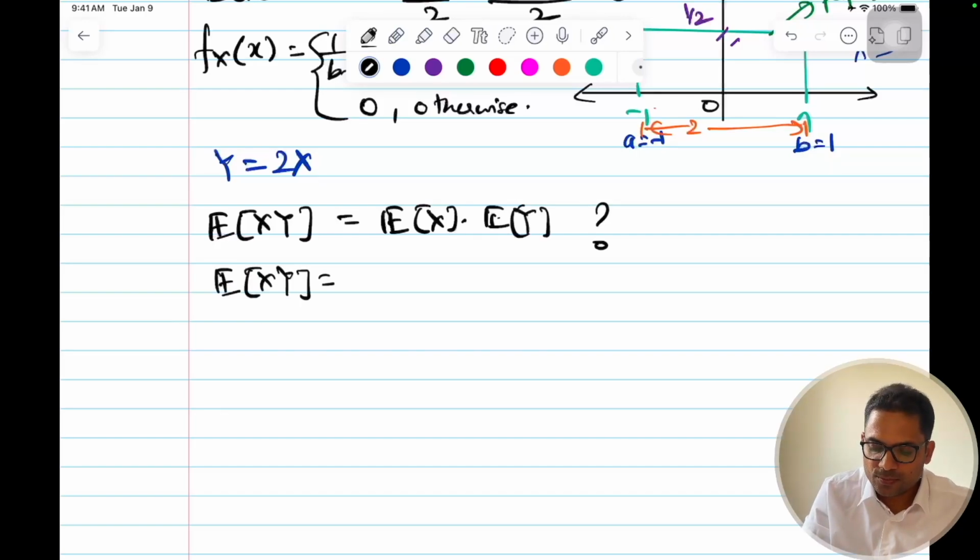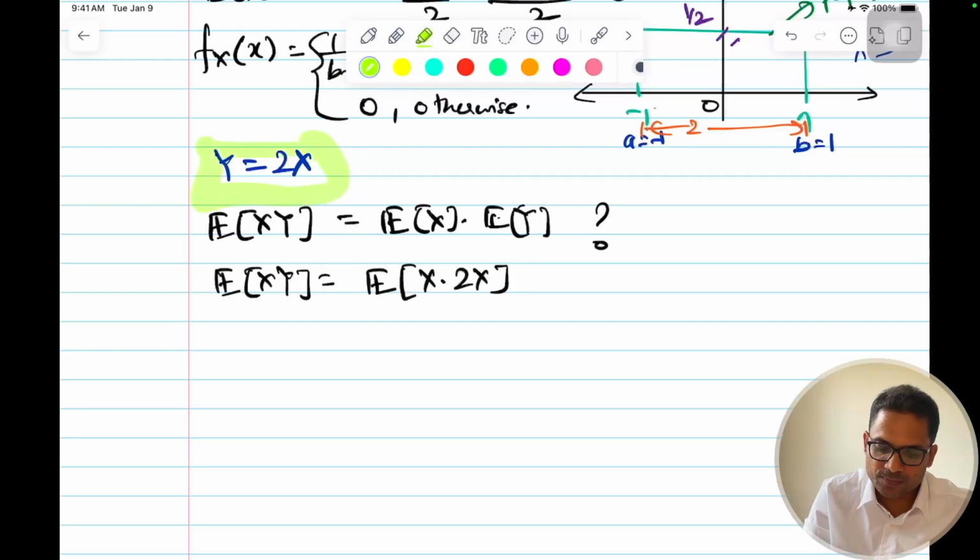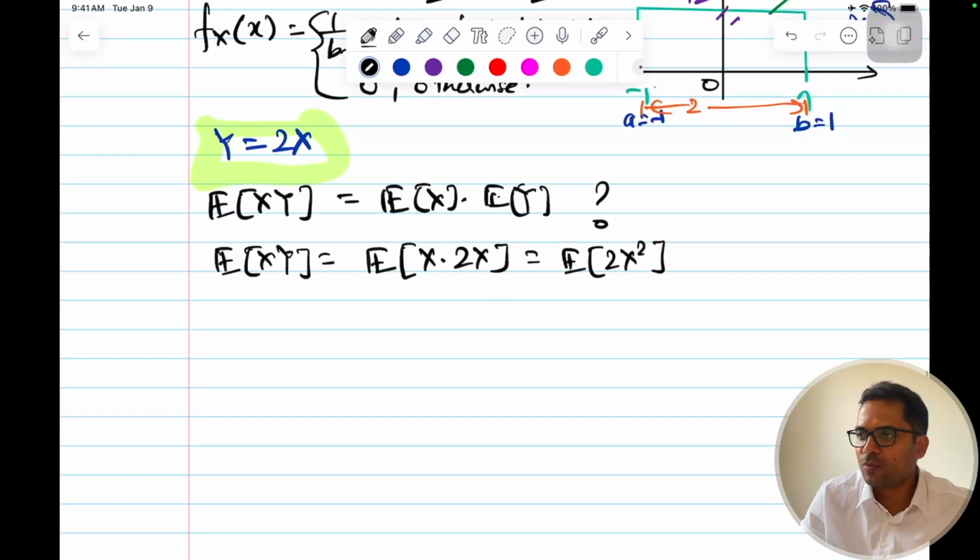Expected value of xy is equal to 2 times expected value of x into y, where y is 2x. I have defined it this way. It is equal to expected value of 2x square.